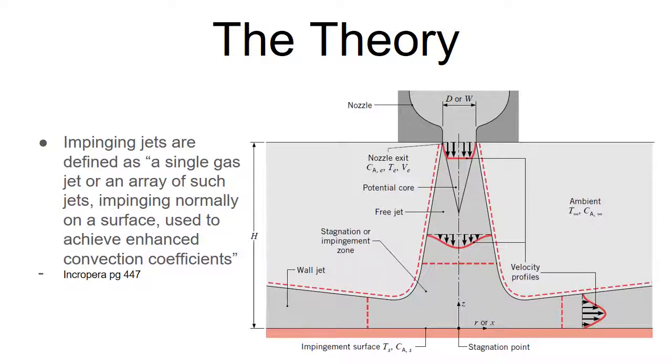We can use that to calculate our h value and in turn the heat transfer that this impinging jet is causing. Something to know about it is that it's assumed to be perpendicular to the plate, and we'll talk about some assumptions we've made later in this presentation.